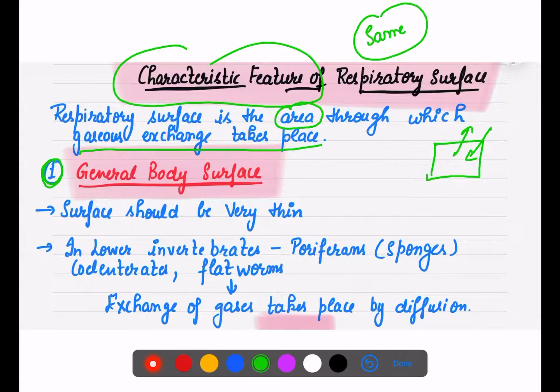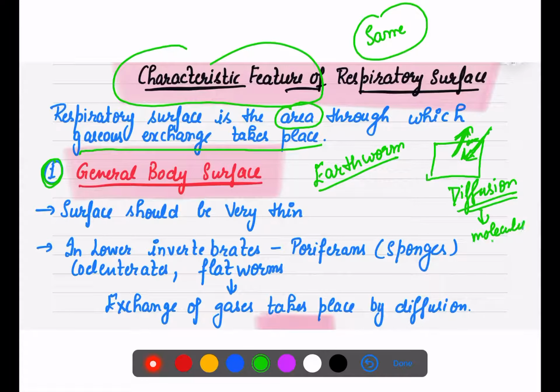First, if we talk about general body surface, in the earthworm the exchange of gases takes place through the body surface. It means something has to come in and another gas has to go out. If the surface is thick, it will be very difficult for the diffusion process, because diffusion is a process in which molecules, your gases, transfer from higher concentration to lower concentration.